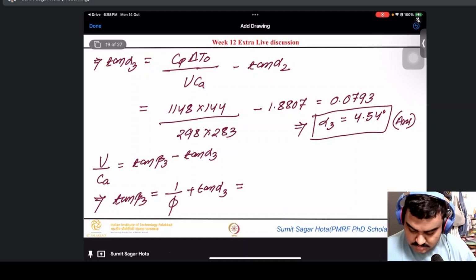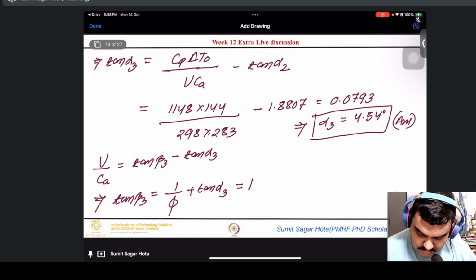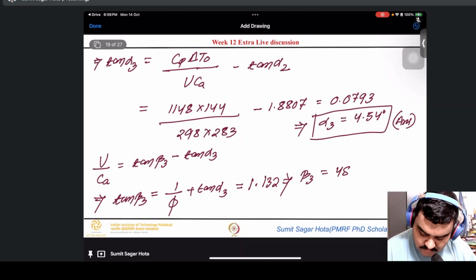So this is equal to 1.132, implies beta 3 is equal to 48.54 degree.